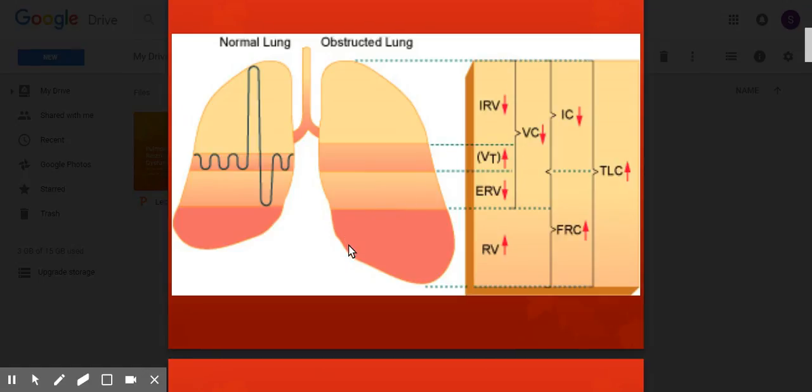And because of that poor air exchange, eventually you start to see CO2 build up in arterial blood gas measures. And depending on the type and stage of disease, how severe the CO2 retention becomes in obstructive lung disease patients.